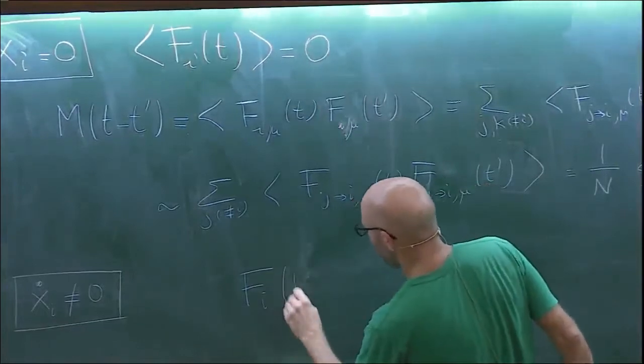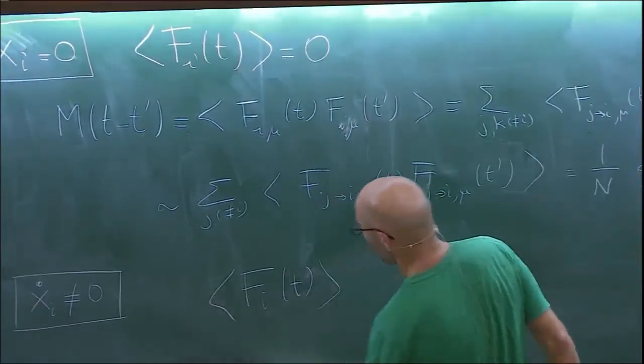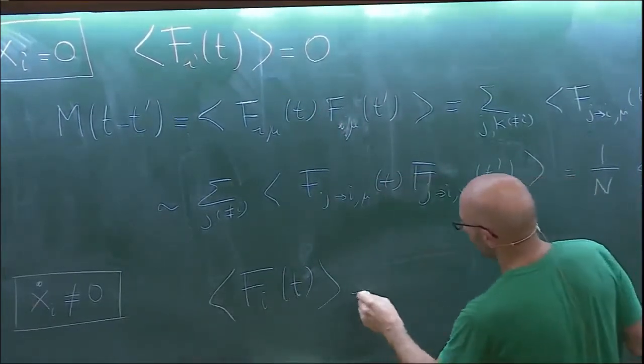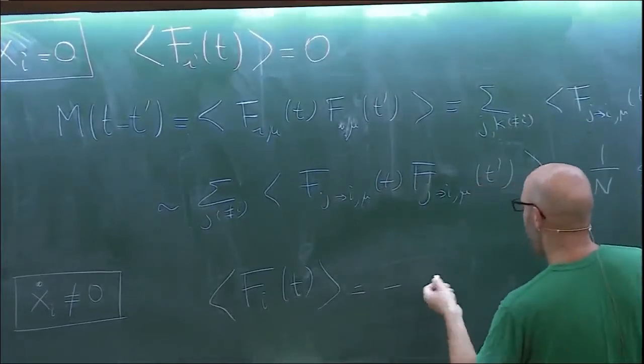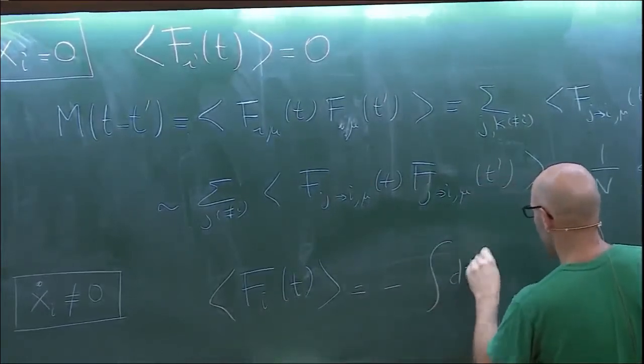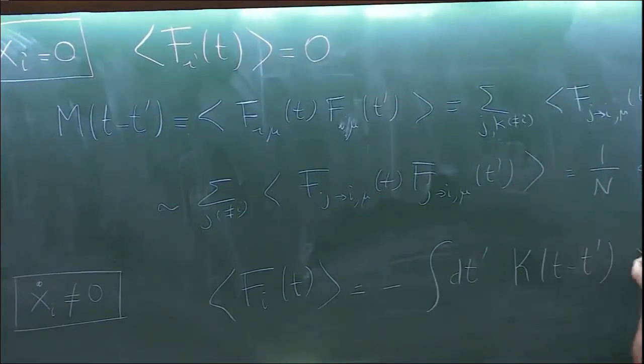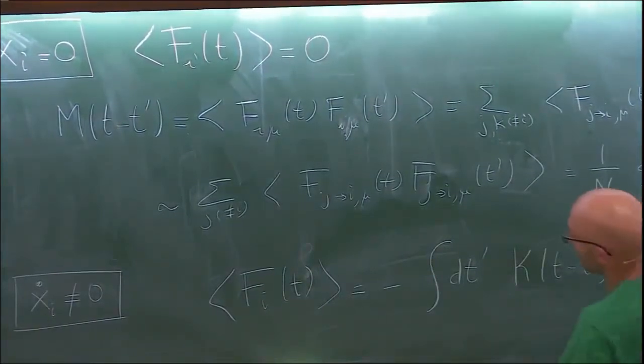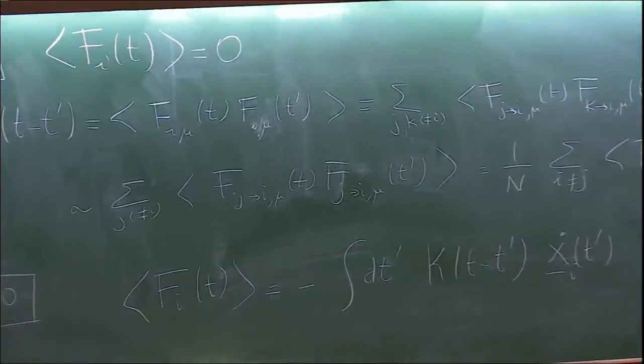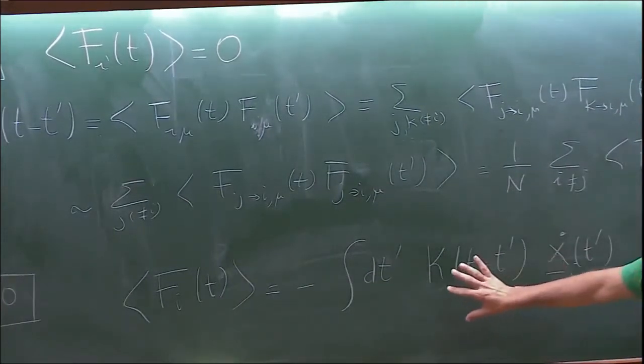So the average of the force in presence of a velocity will be a friction. In general it will be minus, proportional to the velocity, with some kernel, k.